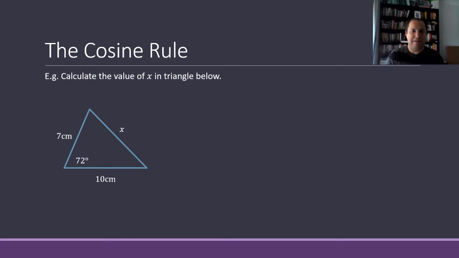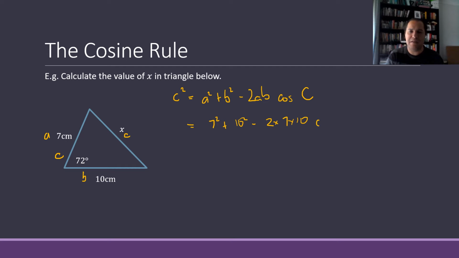Alright, so labeling, here's our angle big C. So our little c side must be opposite. A and B don't really matter. They're just the two sides, either side of our included angle. So the cosine rule says that c squared equals a squared plus b squared minus 2ab cos C. Then substituting values in, 7 squared plus 10 squared minus 2 times 7 times 10 cos 72 degrees.